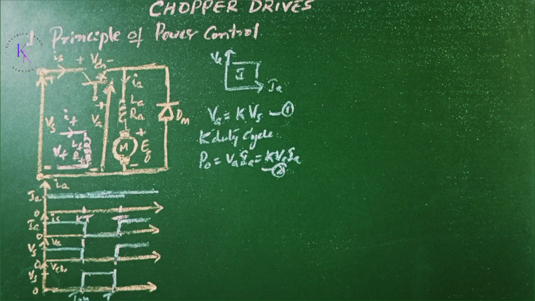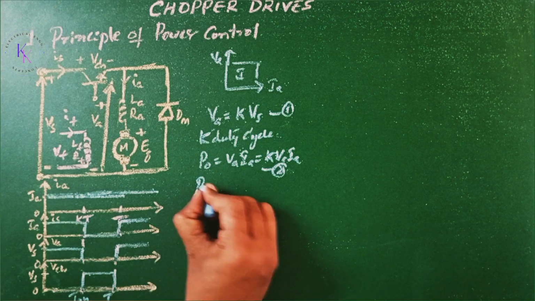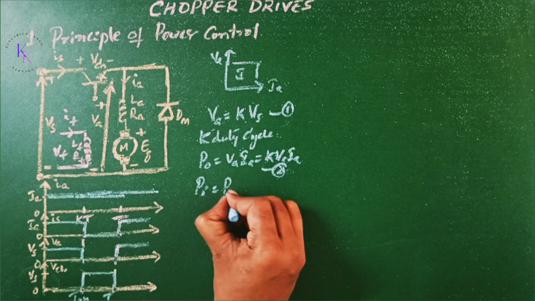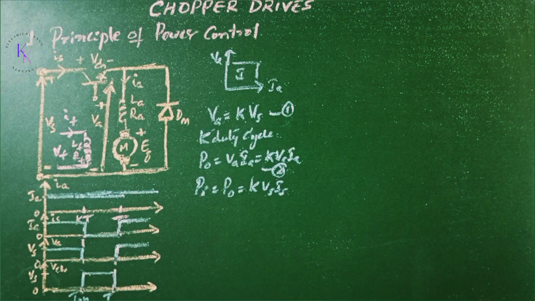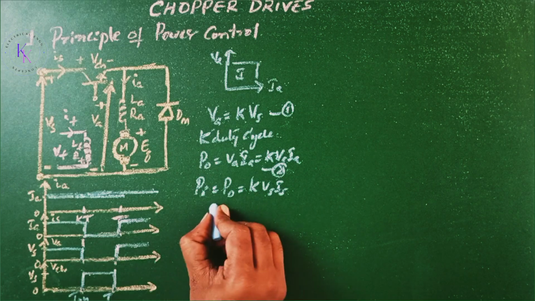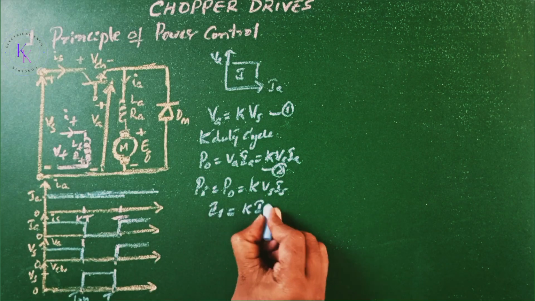Where Ia is the average armature current of the motor and it is ripple free. Assuming a lossless chopper, the input power Pi is given by P0, that equals k Vs Is. The average value of the input current Is is given by k Ia.